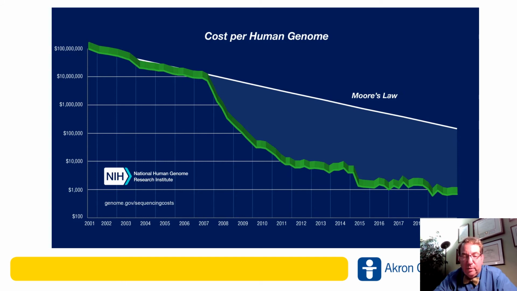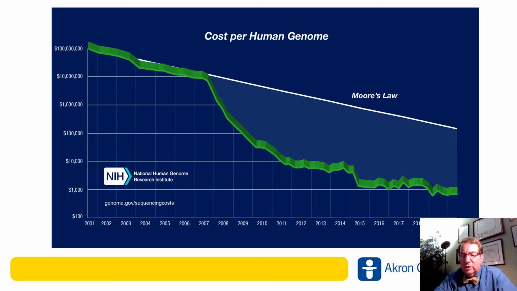This became commercially available in 2013, and here it shows the price of around $10,000. The first ones that we were ordering were $16,000, and now the commercial cost has settled at about $1,000.